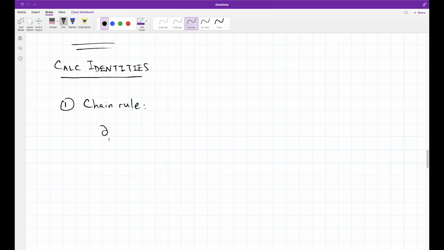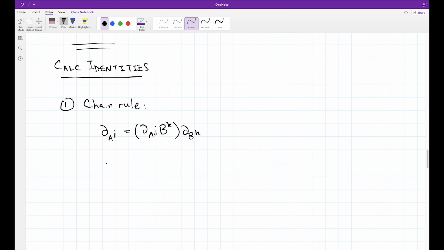The first is the one that we've seen before. So the partial a_j is equal to partial a_j of b_k, partial b_k. Now this is in the case where we have these two coordinate systems which are sort of complete. So k here runs from 1 to n, and j runs from 1 to n as well. Or I should say j could be any of the values 1 to n.